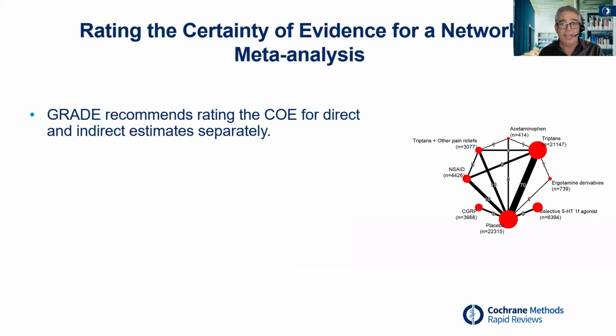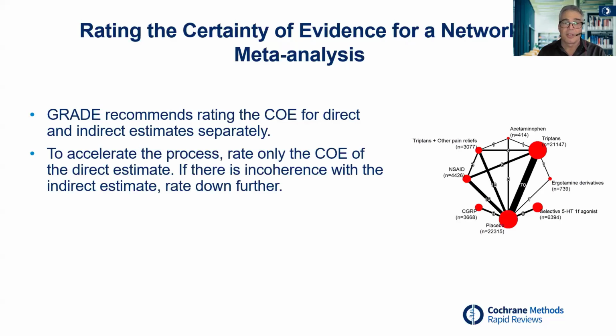If the underlying systematic review has already rated the certainty of evidence of the network meta-analysis, then consider just using these grades again. If not, we recommend 2 options to accelerate the process, because as you might know, rating the certainty of evidence for network meta-analysis can be pretty time-consuming.